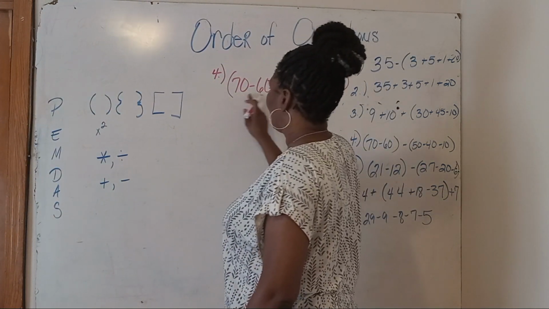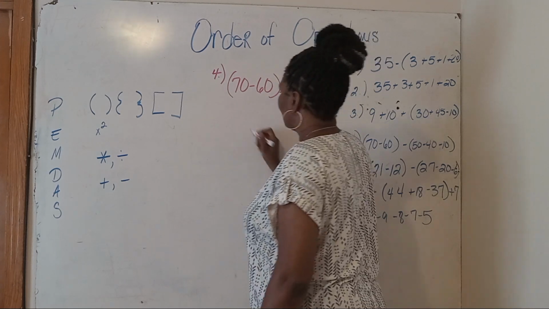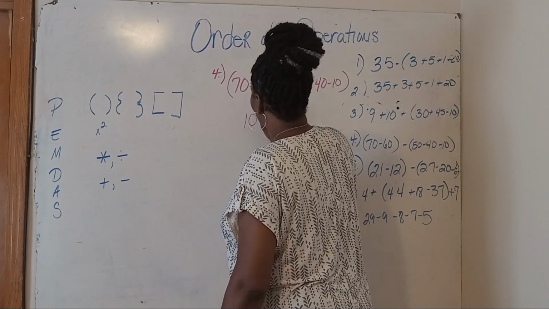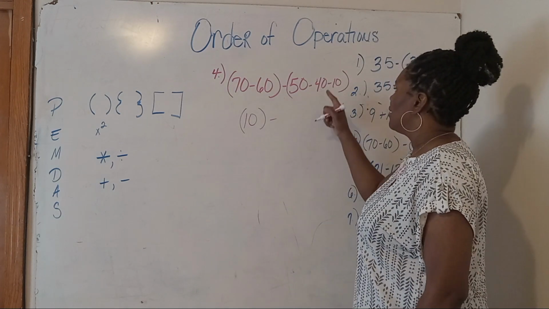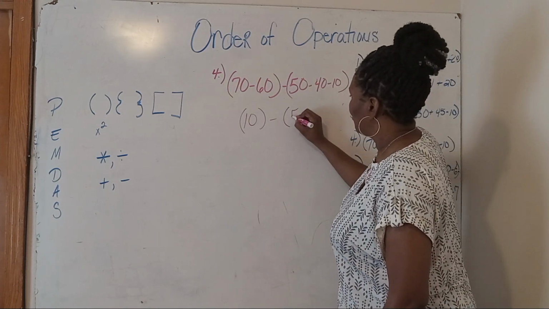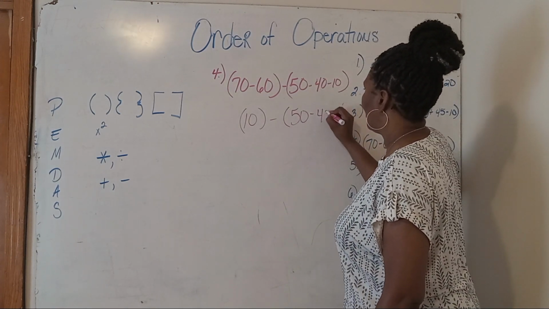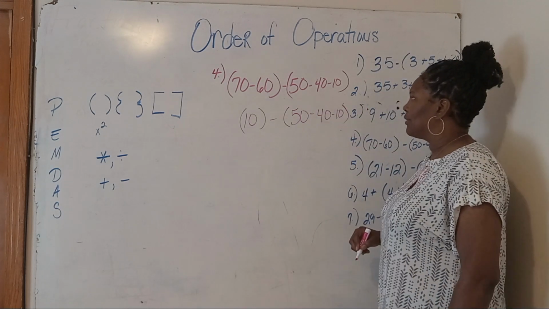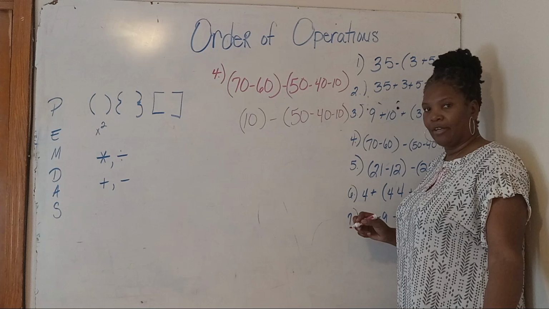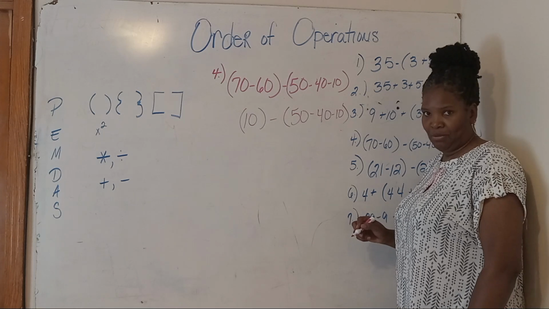So, what's 70 minus 60? It's 10. Leave that in parentheses. Minus 50. Oh, excuse me, parentheses 50 minus 40 minus 10. We just brought everything down, didn't we? That's all we did. We're not going to complicate this.